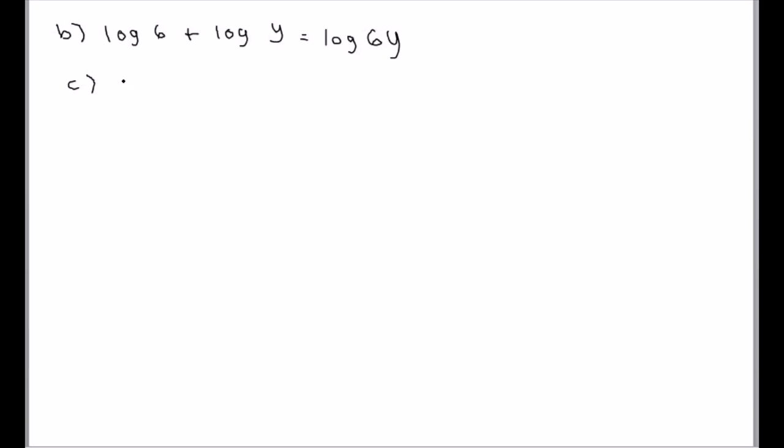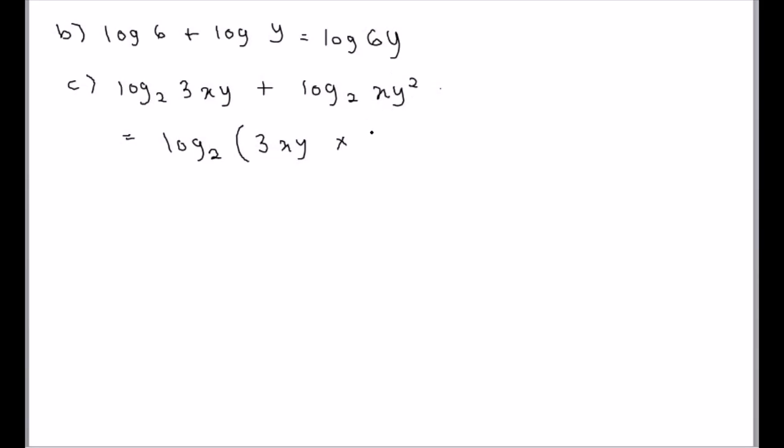C. This time we have log base 2 3xy plus log base 2 xy squared. When we apply rule 1, we can take log base 2 and then 3xy multiplied by xy squared.